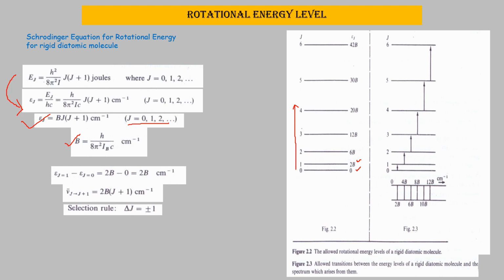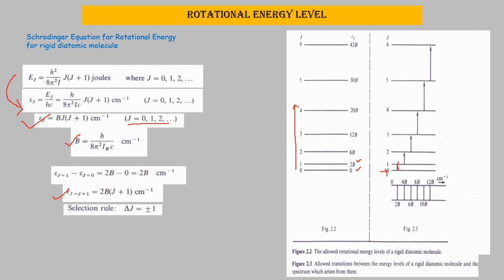Now we are certain about the individual rotational energy levels, so we can discuss the corresponding rotational spectrum. Let's say the molecule is present at J equals 0, or the ground rotational state. Thus the energy needed to be absorbed to raise it to the next energy level, that is J equals 1, is 2B.